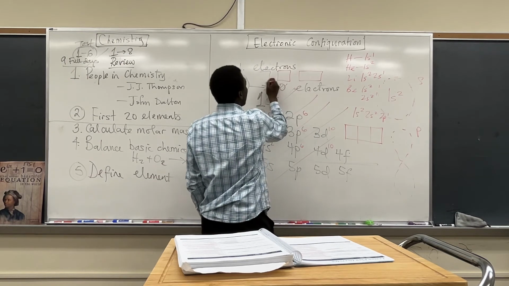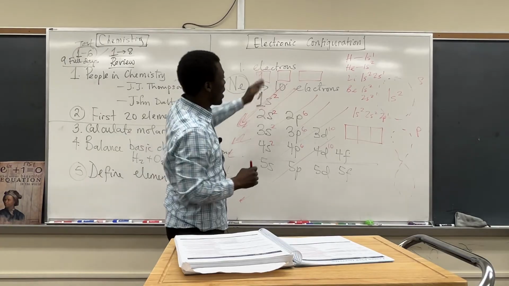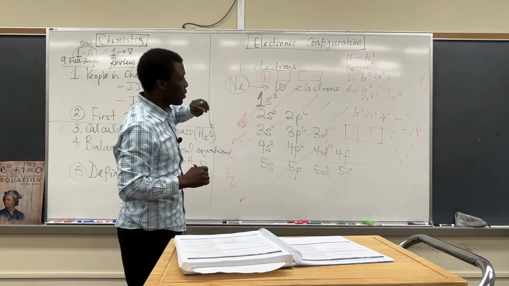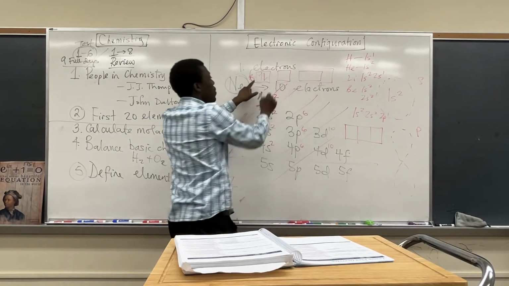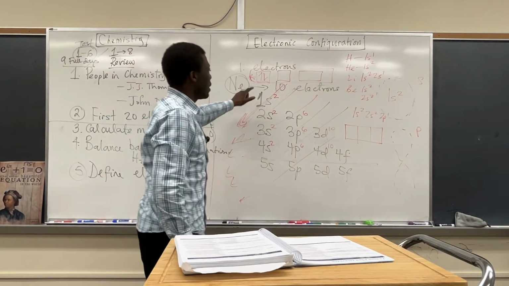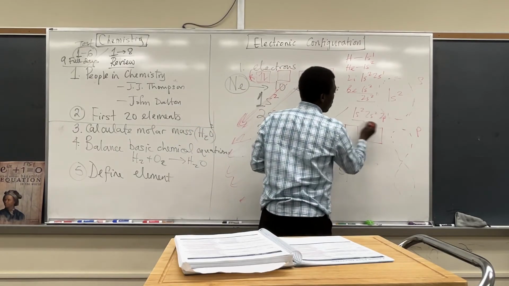If you have 1s1, the electron is going in one direction. If it's 1s2, it will have one going in one direction, one going in the other direction. So this notation, this part of your chapter, will be a good one to review as well, just for fun. I'm not going into this as much in the test. This is what I'm more concerned with for this particular moment.